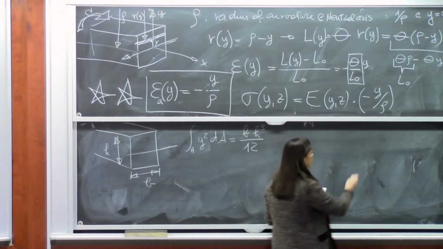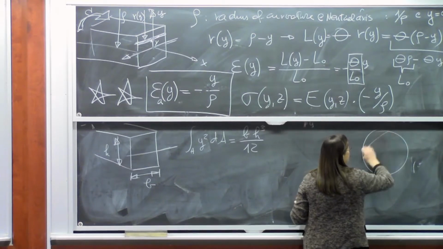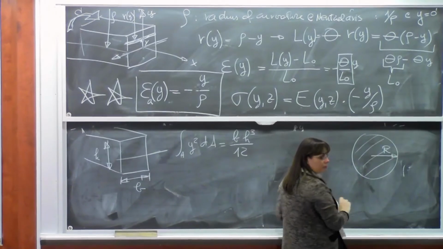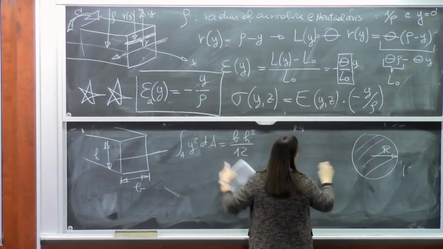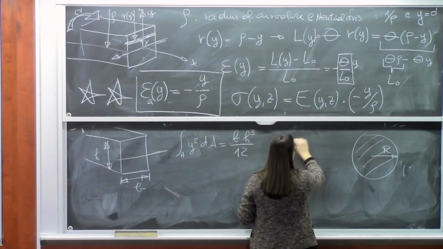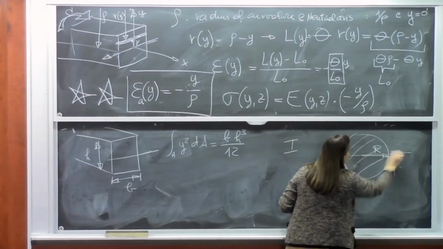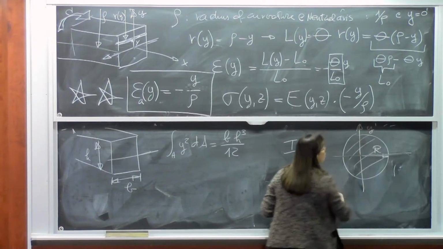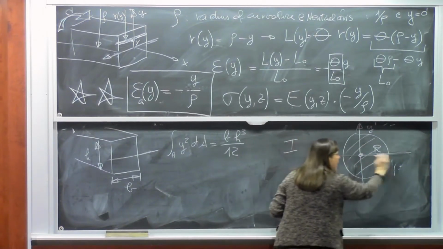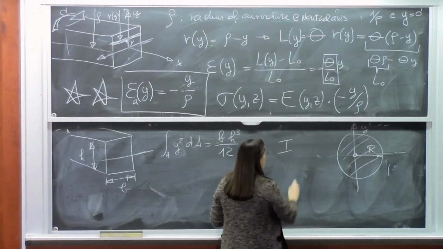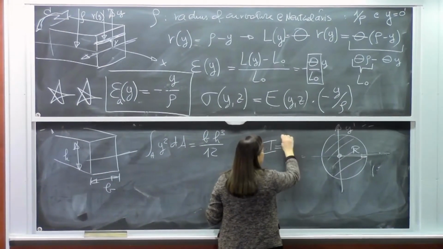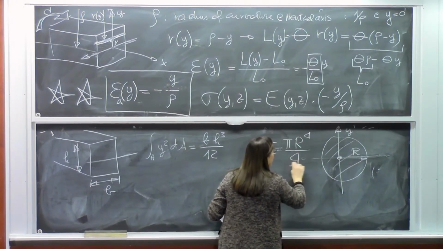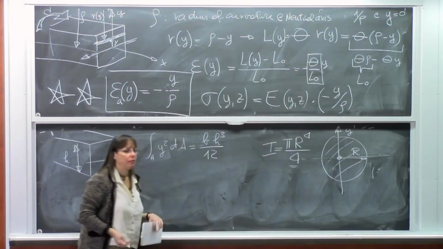Or if you have a round cross-section of radius r, and if I do the same integral, in this case, I get that the moment of inertia of the cross-section with respect to an axis, so if this is your y, and y equals 0 at the diameter of the cross-section, you find that this I is pi r to the 4th over 4, not over 2, over 4.